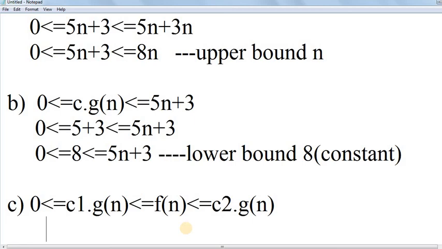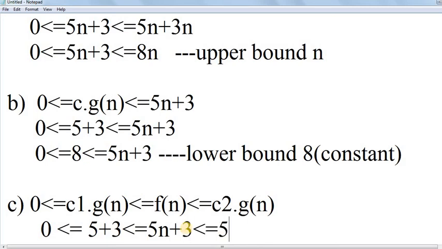So simply we will replace c1 g of n, f of n is more, so here I will write 5 plus 3 less than or equal to 5n plus 3 less than or equal to 5n plus 3n.